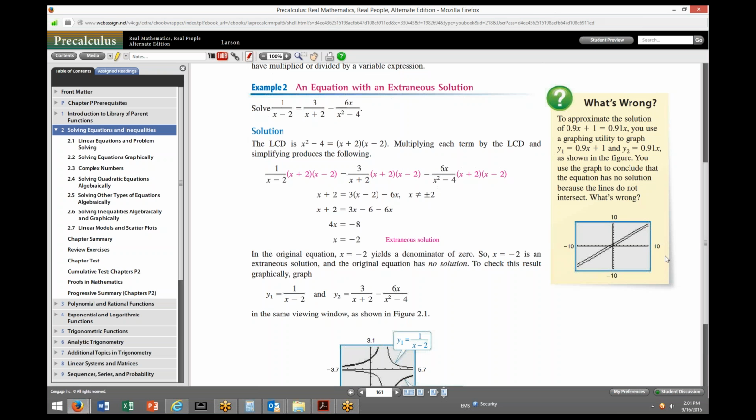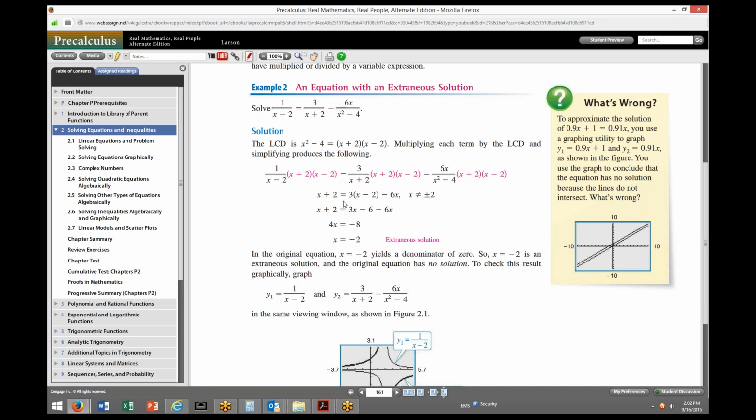So that means the lowest common denominator is x squared minus 4, which is, of course, x plus 2 times x minus 2. So when we multiply each term by this LCD, it comes out to something pretty nice.